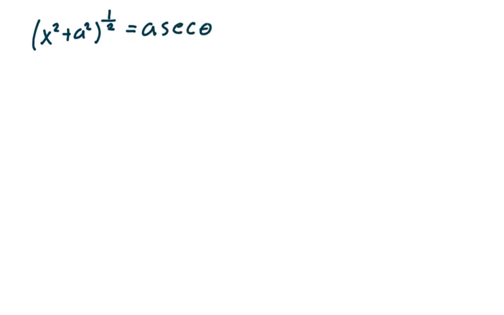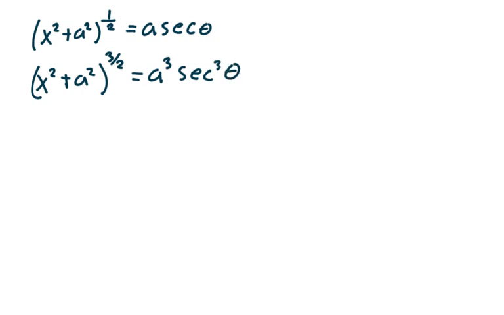Now, if I cube both sides, I get x squared plus a squared, and I'm going to raise that to the 3/2, and that's going to be a cubed secant cubed theta. So I just cube both sides.